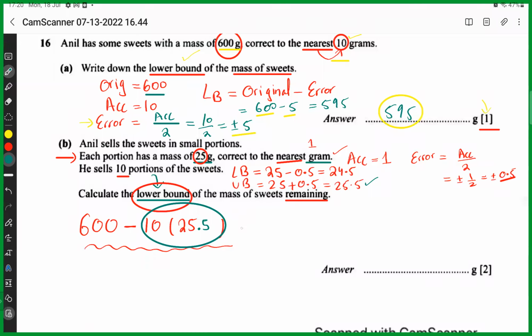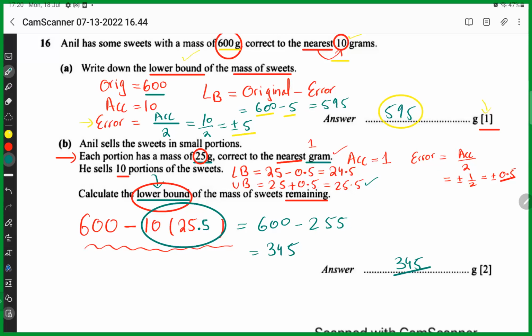So this would give me 600 minus 255, because 25.5 multiplied by 10 gives 255. Then 600 minus 255 would give you 345, and this is going to be the answer.